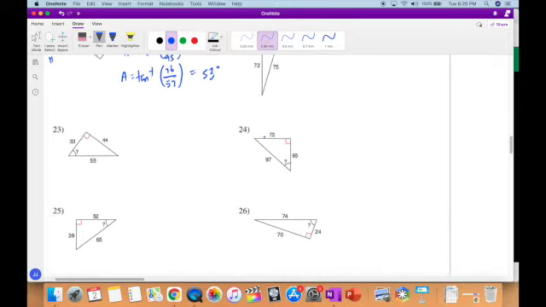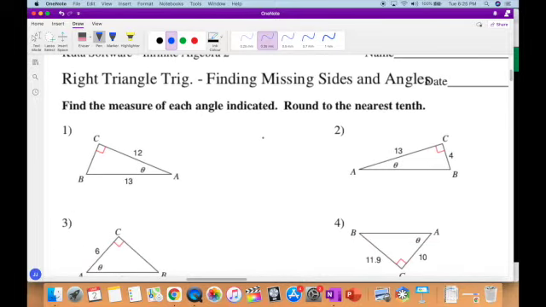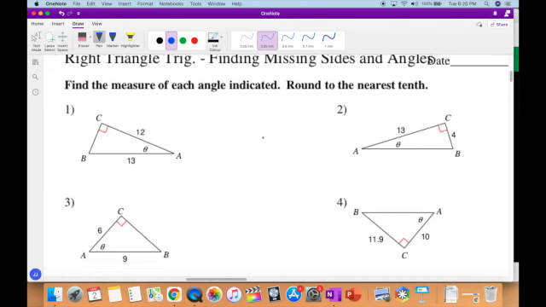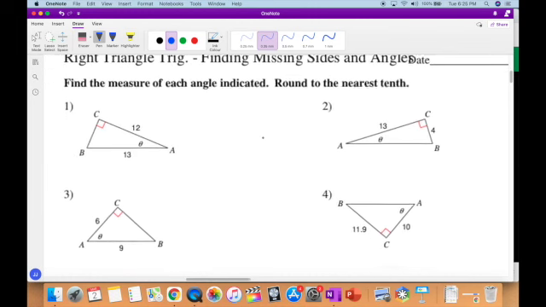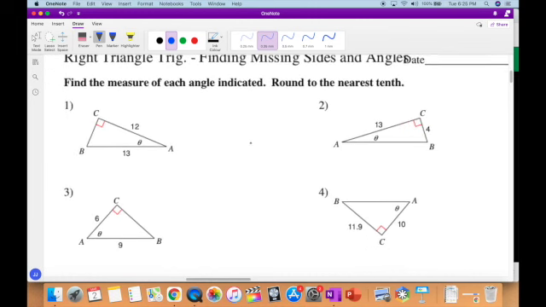Okay, nice. So find the measure of each indicated angle, round to the nearest tenth this time. So this is the same kind of thing here. So essentially, what do we have? This is the angle A. Let's call it A for easy purposes. We have adjacent. No, this is hypotenuse actually. So this is hypotenuse and this is adjacent.